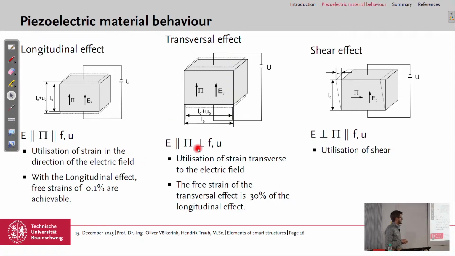So we use the strain transverse to the electric field. Here the free strain of the transversal effect is only 30% of the one from the longitudinal effect. So roughly 1/3 of the longitudinal effect can be used in the transversal effect.